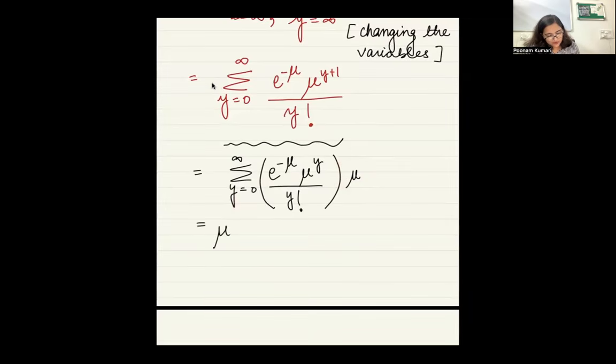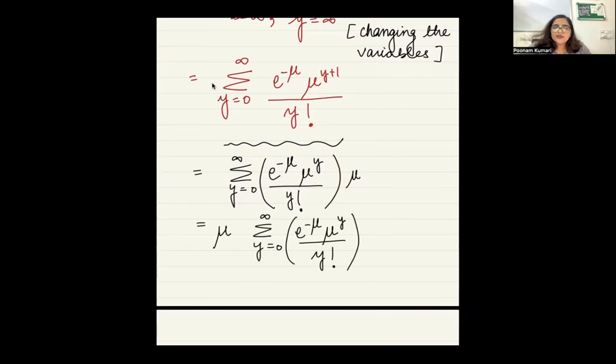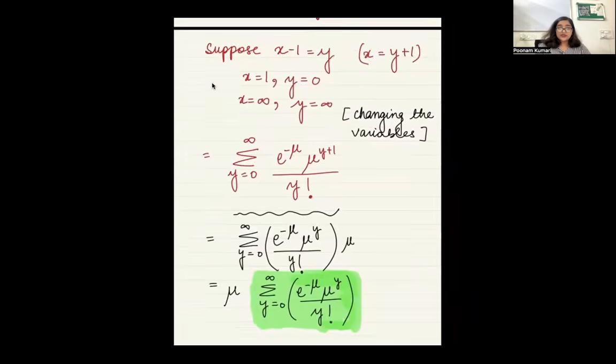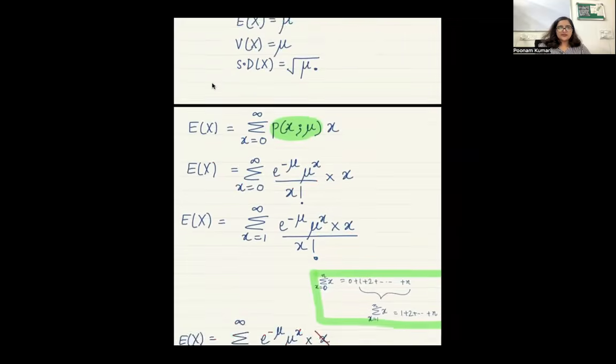So this is mu, summation y going from 0 to infinity, e power minus mu, mu raised to the power y, divided by y factorial, right? And can you see what is this? What is this? Just see what this was?